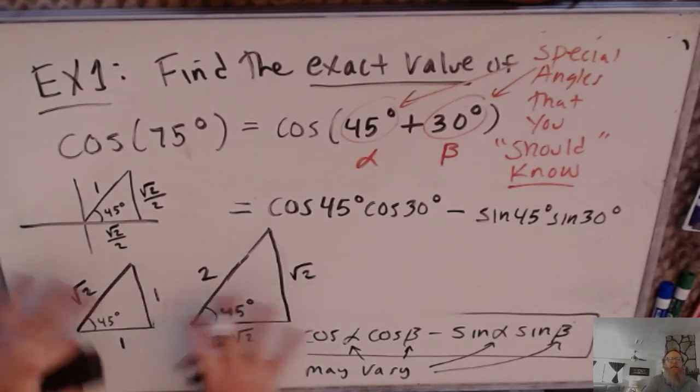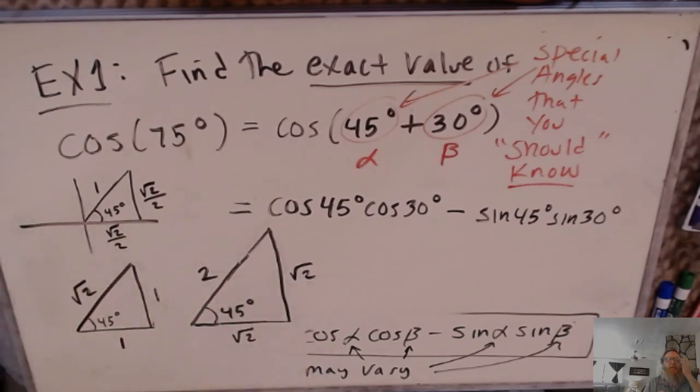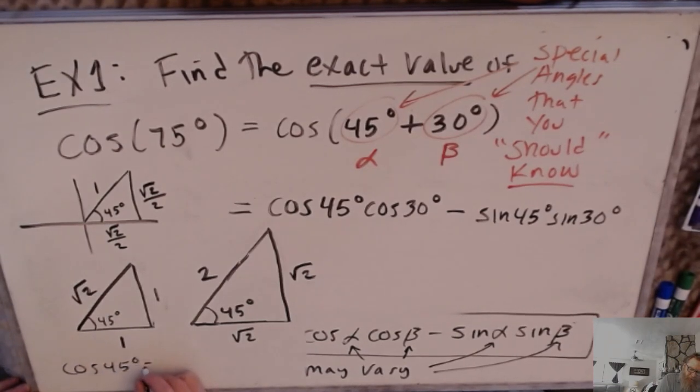So all of these are different ways of memorizing the special angle for 45 degrees. Either way, you're going to get cosine of 45 is root 2 over 2, or you could say 1 over root 2. It means the same thing.